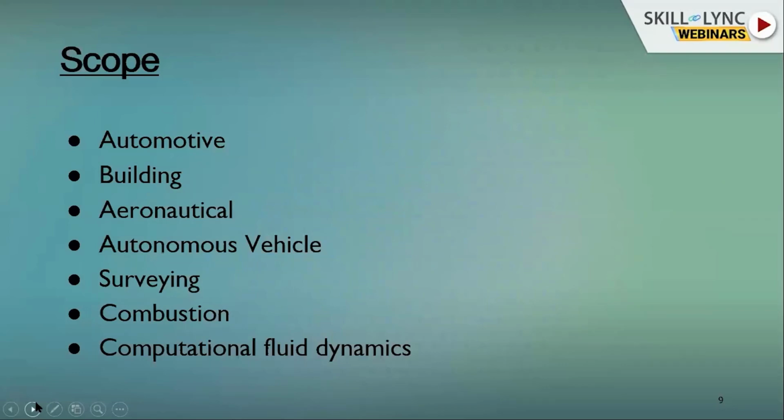Let's imagine you are designing the exterior of a vehicle. If a vehicle is running at a speed of 100 km per hour, you may have heard about lift and drag. Here we are discussing the scope of applied mathematics using MATLAB in industries.